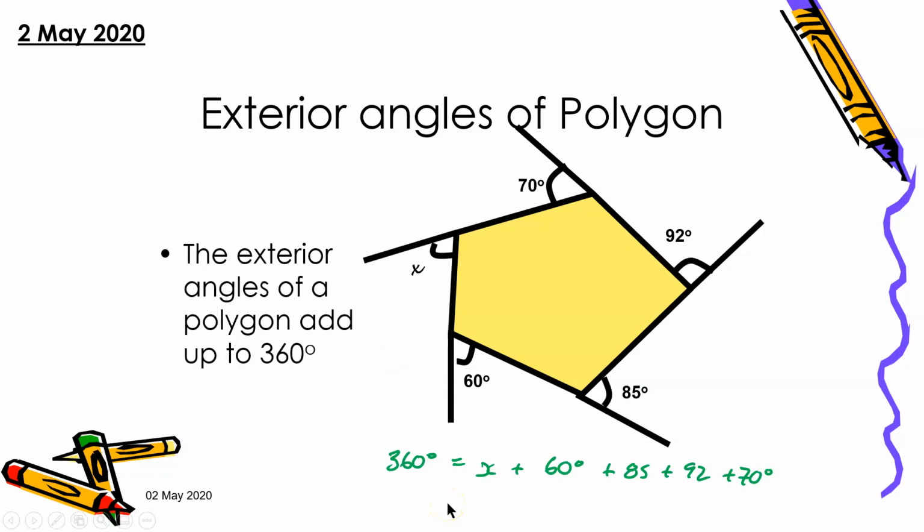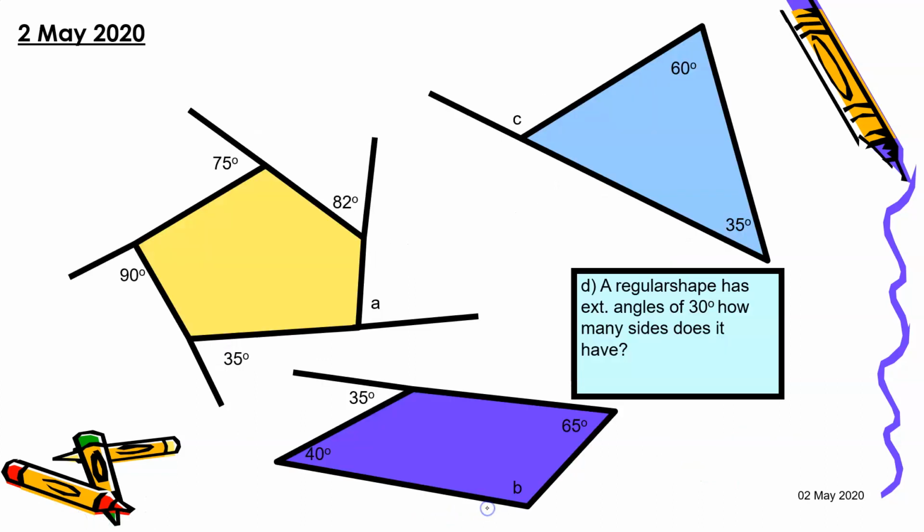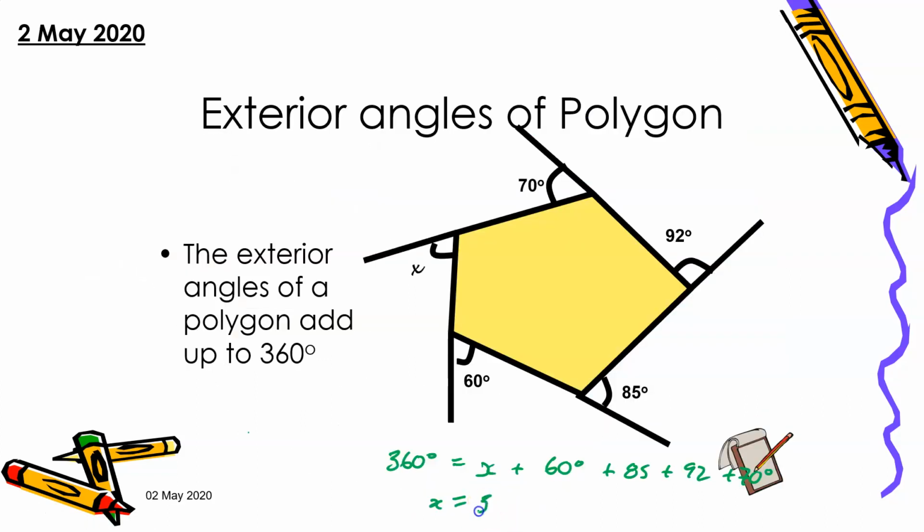And we can work out that answer by finding x is equal to 360 degrees take away 307, which means x must be equal to 53 degrees.